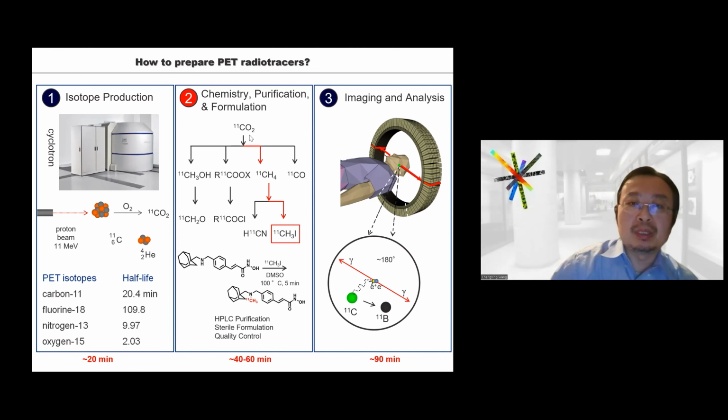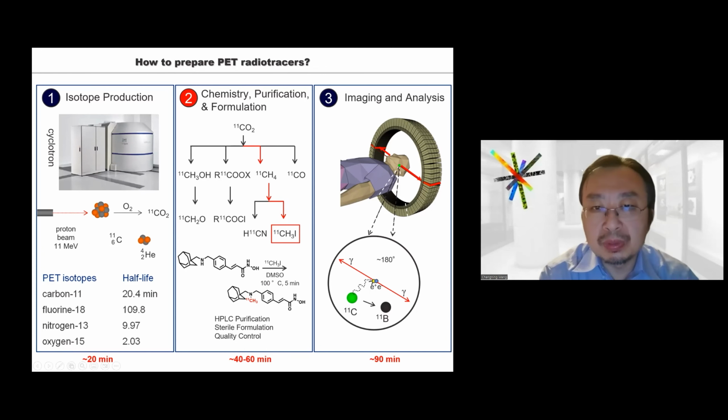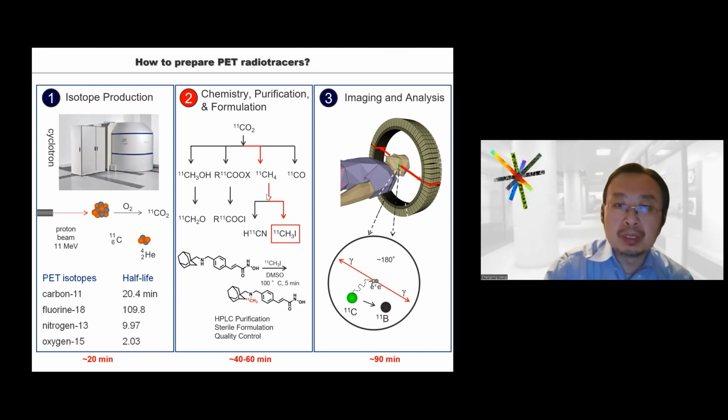Once we capture this C11 CO2, we can go through chemistry reactions to convert the CO2 to different reactive moieties for chemical reaction. For example, the most commonly used carbon-11 reagent is carbon-11 methyl iodide, which can easily react with the nitrogen or oxygen group on these small molecules.